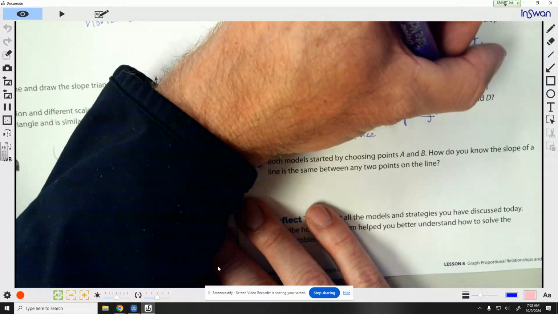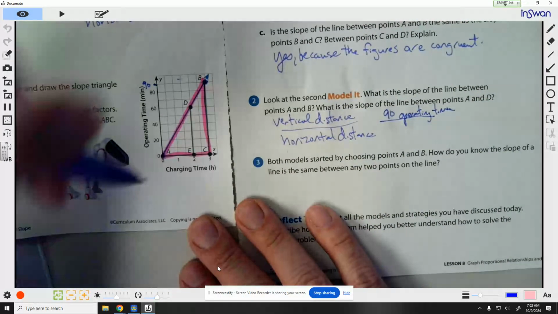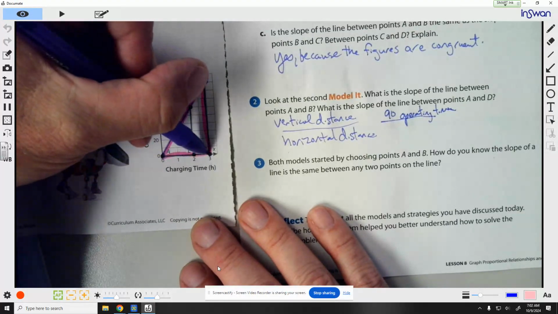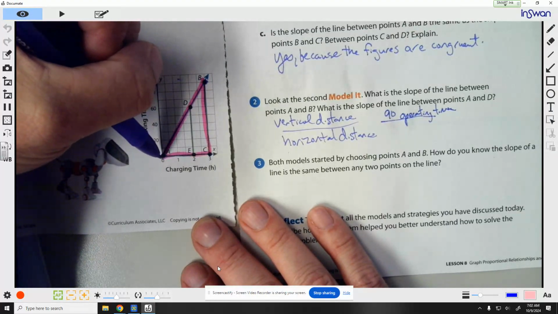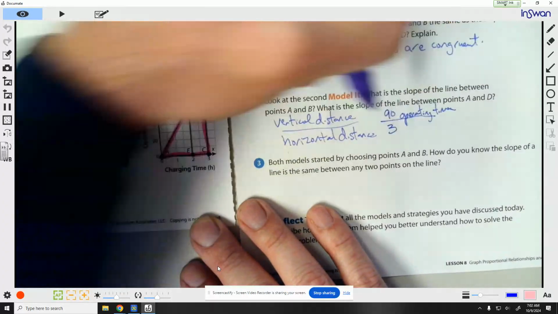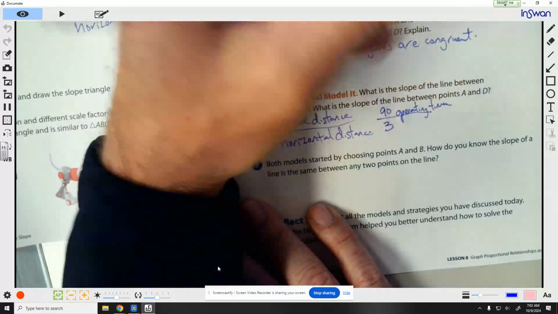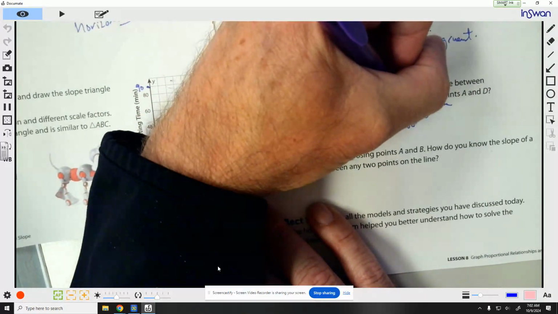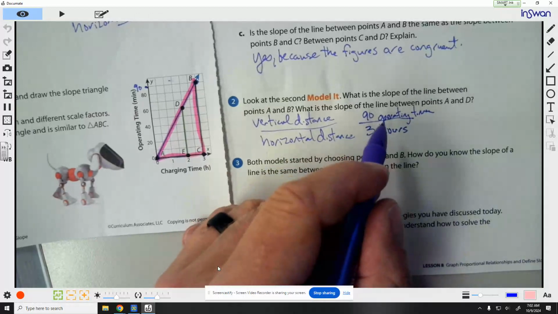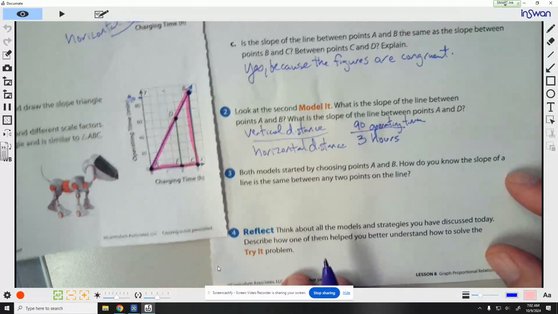So 90 minutes of operating time over the horizontal. All the way out here, we see from 0 to 3. So that's 3 hours charging. Okay, so 90 operating time over 3 hours.